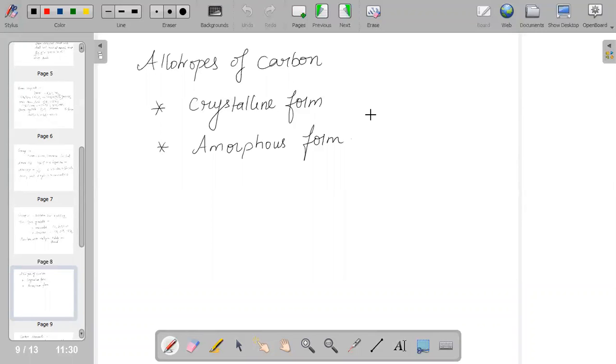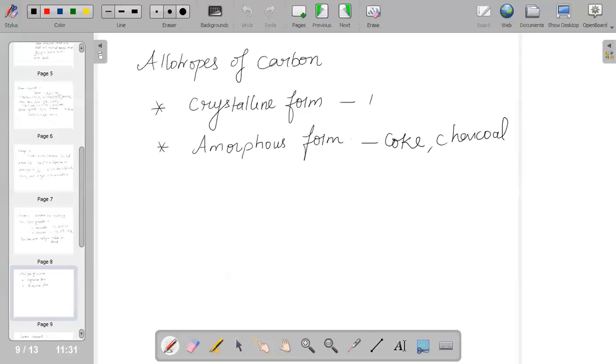I repeat, they are different forms of an element. Allotropes of carbon are of two types: crystalline form and amorphous form. Crystalline forms are diamond, graphite, and fullerene. Amorphous forms are coke, charcoal, etc.